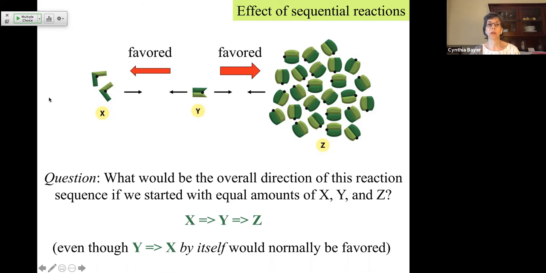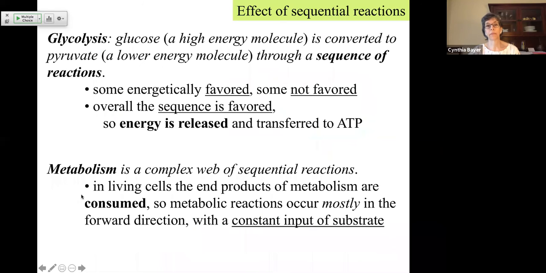So overall, glucose is converted to pyruvate in glycolysis, even though in that multi-step process, some individual conversions are favored and other individual conversions are not favored. Right? So that's what we're getting ourselves ready to be thinking about. In glycolysis, glucose is converted to pyruvate, the lower energy molecule in this multi-step process.